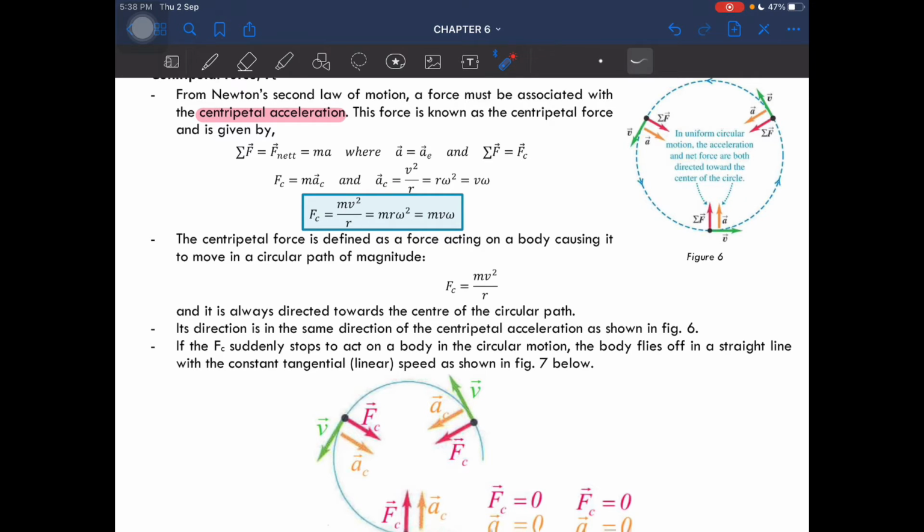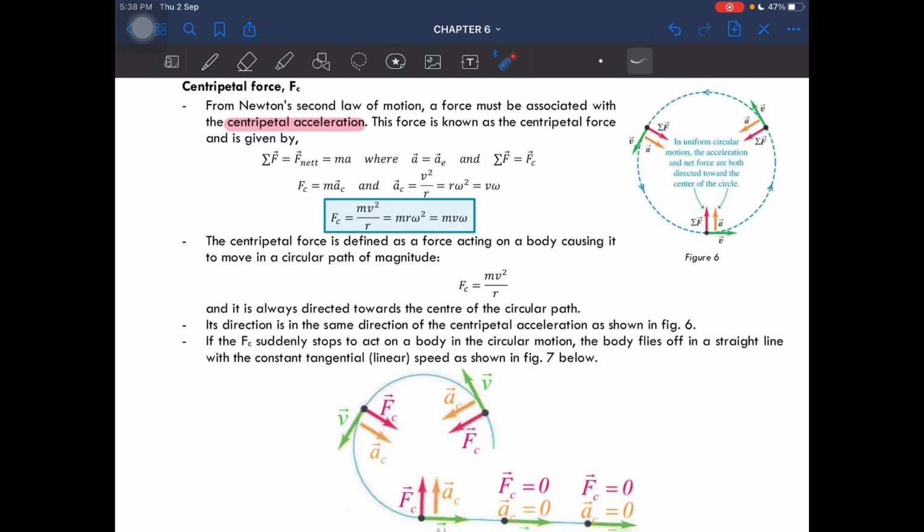The total force is basically just equal to the centripetal force. So we can then write F equal to ma in terms of the centripetal situation, which is Fc equal to mac, then the centripetal acceleration is equal to this. Just read that on your own if you want to understand more on how the derivation works and how we get this equation here.